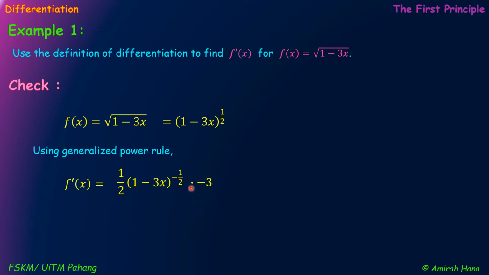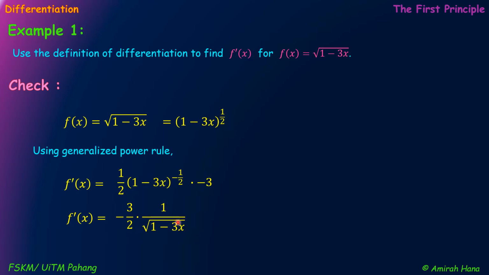Then we can simplify. Negative 3 times half, so we get f prime x equals negative 3 over 2 times the bracket to the power of negative half. Using the properties of indices, we can write it as 1 over the bracket to the power of positive half, and the power of positive half means square root.